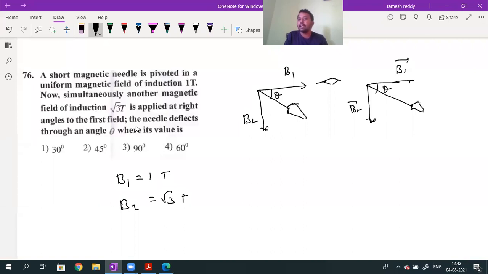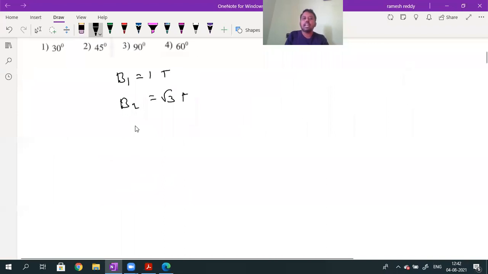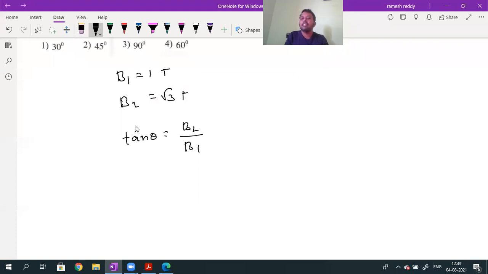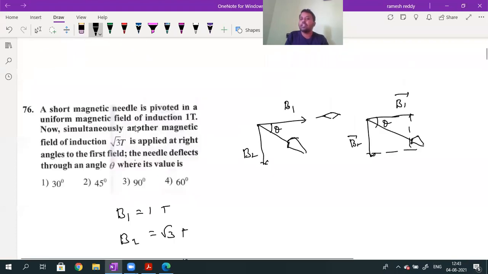When I apply the parallelogram law, I can find this theta. What is the formula for tan theta? Tan theta equals B2 divided by B1, opposite side divided by adjacent side. The opposite side is B2 and the adjacent side is B1.